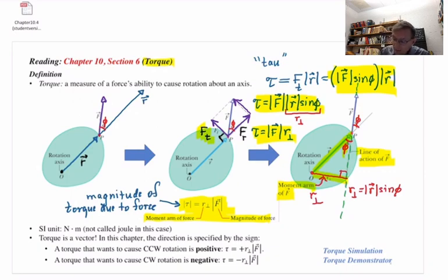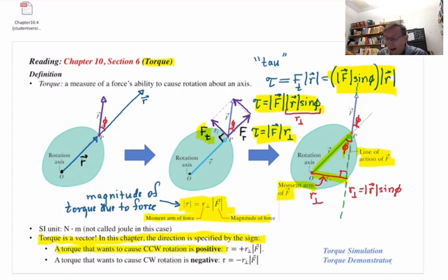Let me continue on this slide for now. Torque is a vector, as I just said. In this chapter, the direction is specified by a sign, positive or negative. How is that going to work? A torque that wants to cause counterclockwise rotation will be assigned a positive sign.